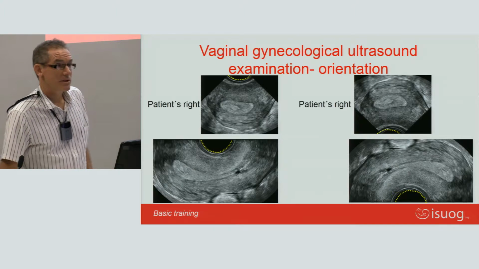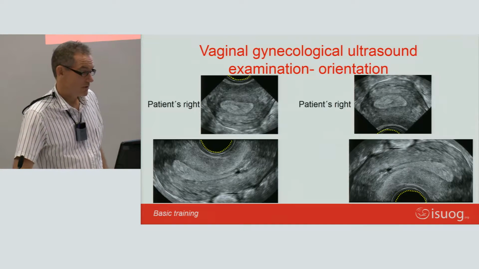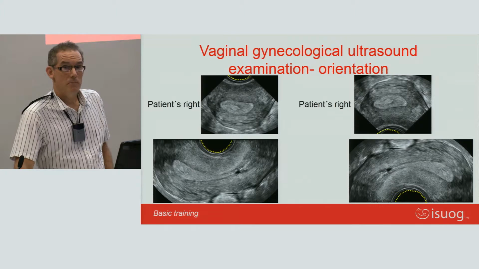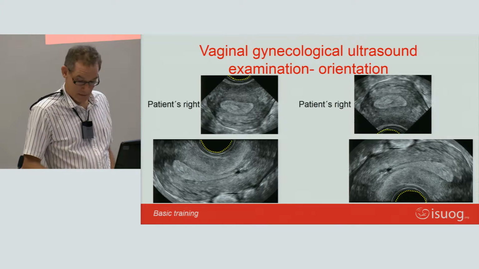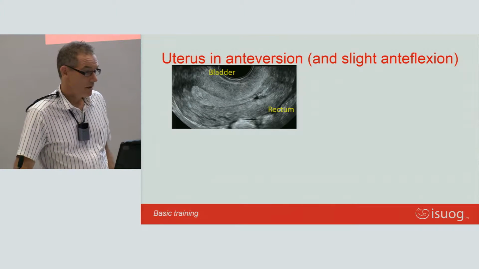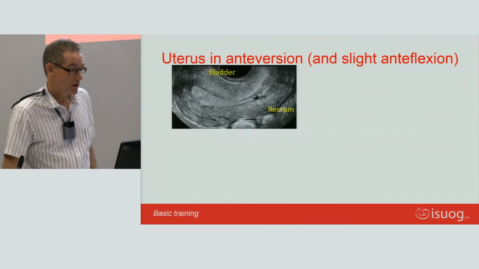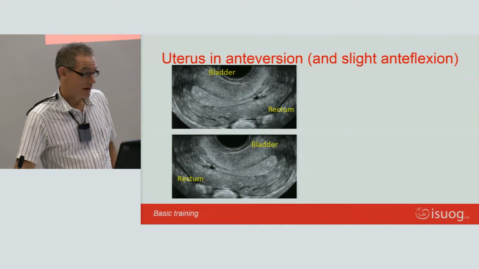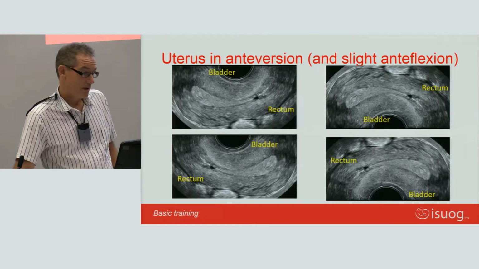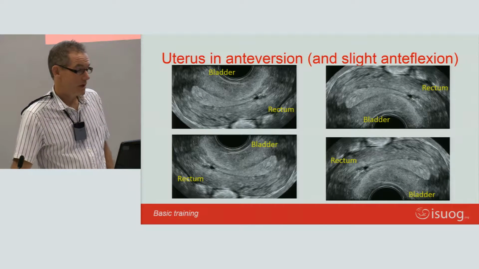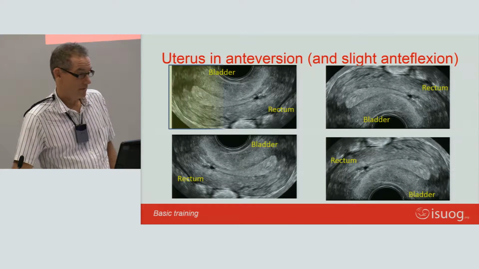However, there's no real consensus regarding the longitudinal scan, where the footprint can be reflected on the top or on the bottom. Indeed, there are also different positions where you can put the bladder, on the left or the right, depending on whether you're scanning with the footprint up or down.